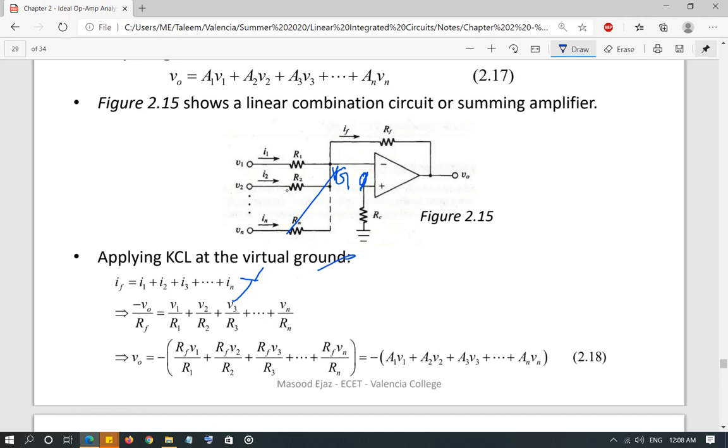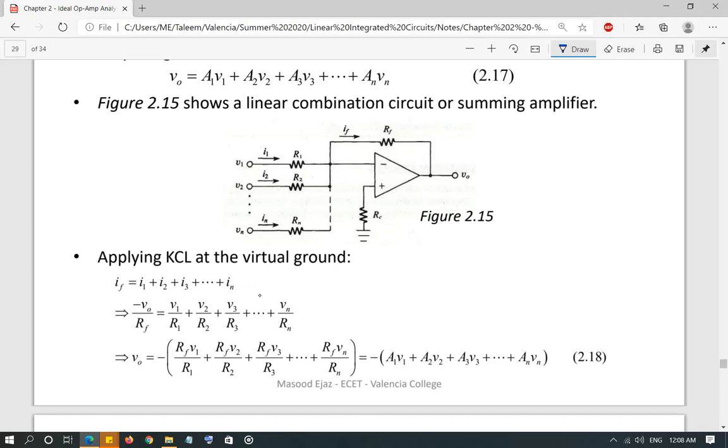IF is negative V naught, 0 minus V naught over RF, and of course each input current is going to be V1 minus 0 over R1, V2 minus 0 over R2, and so on and so forth.